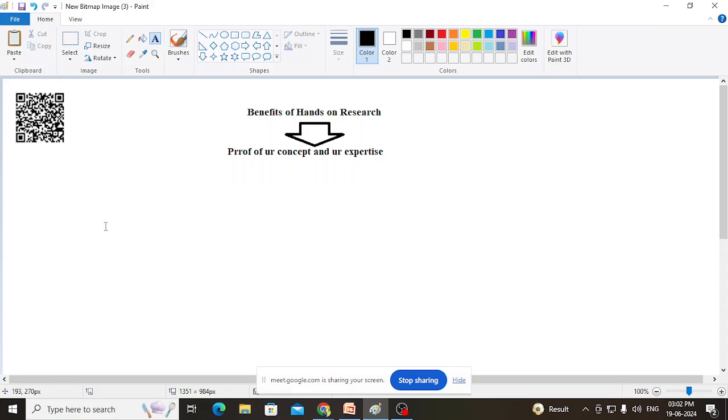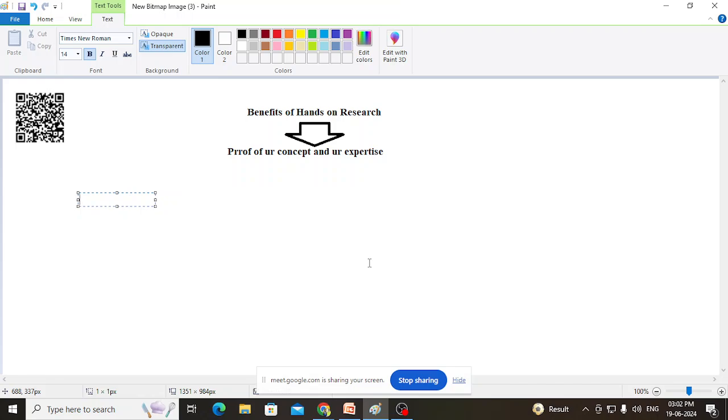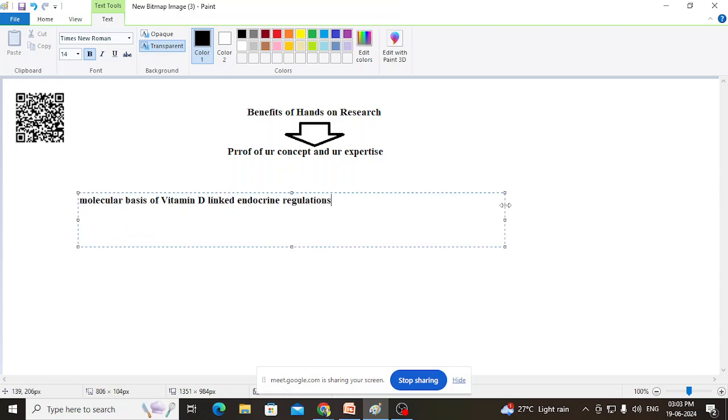We were discussing the molecular basis of vitamin D linked endocrine regulations. Okay, so let us consider that we are discussing this particular topic.